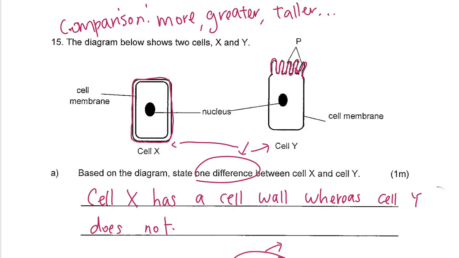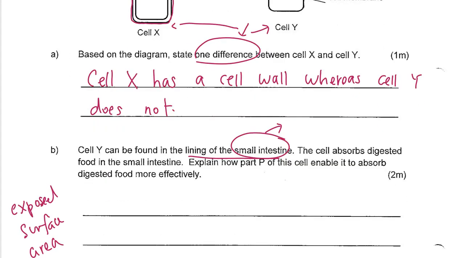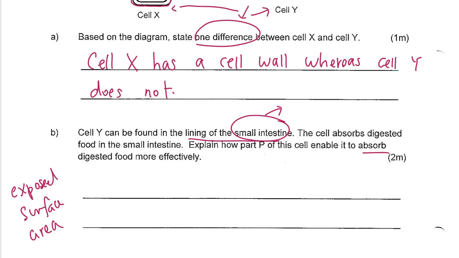Alright, and so on. If you compare two things, if you compare three things, you want to talk about things like most. Okay, if you want to talk about greatest for three things or more, and so on, tallest. So here, since there are two things, we are going to make a comparison just between two. Alright, explain how it helps to absorb digested food more effectively.